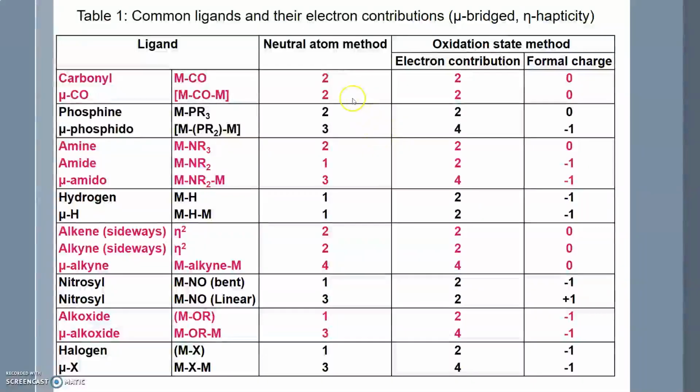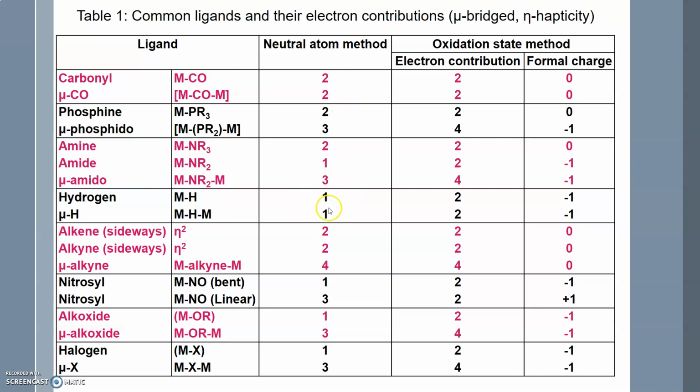We can have one more observation from this table. Here we see that the carbonyl, when it is bound by terminal binding or by bridged binding to the metal, in both the cases, the electron count is the same. Similarly, here also hydrogen, when it is bound as a terminal hydrogen or as a bridge hydrogen, again the electron count is the same.